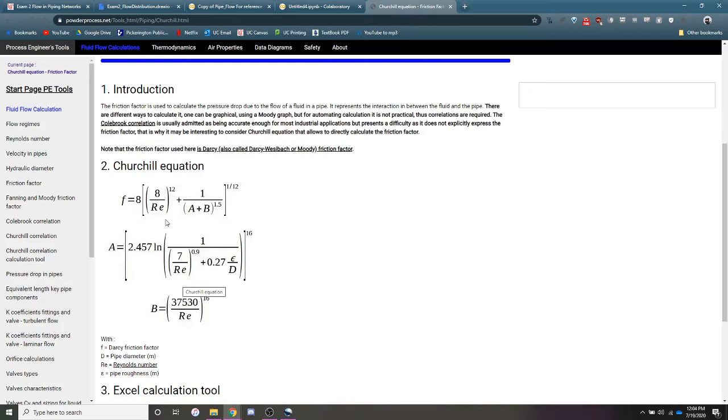All we need as input is the Reynolds number and the value of e over D. But a quick note, this is a Darcy friction factor, which is the incorrect version, so we need to divide this number by 4. So when we return the result of f, we only need a 2 out front, not an 8.